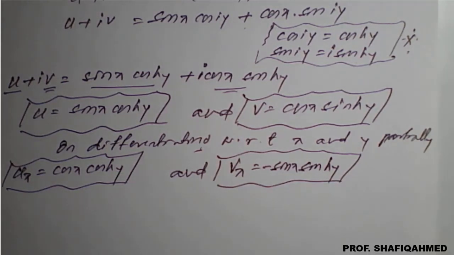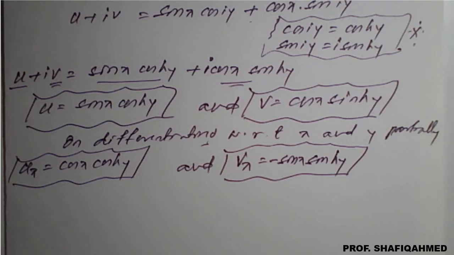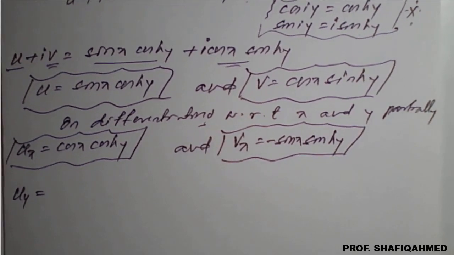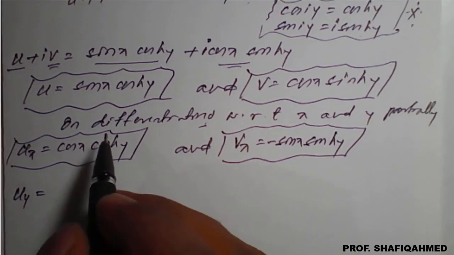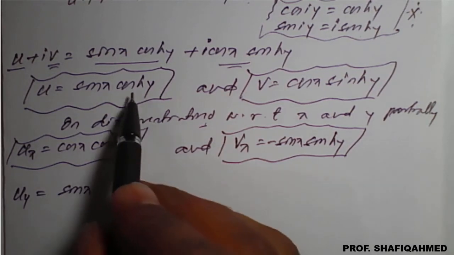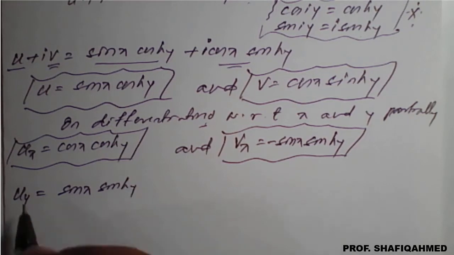So we got ux and vx. Now we'll go for partial derivatives with respect to y for u and v. So u_y, the partial derivative of u with respect to y, keep sin x as it is, and the partial derivative of cos hyperbolic of y is sine hyperbolic of y.